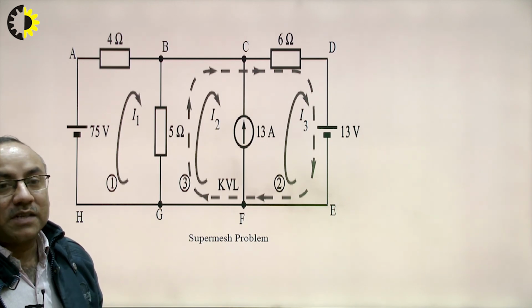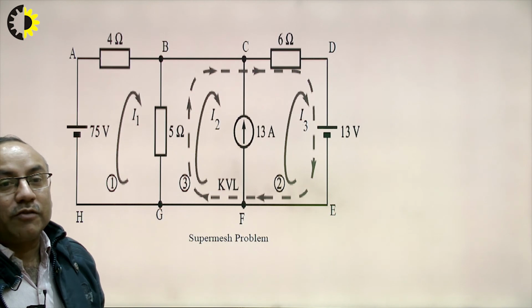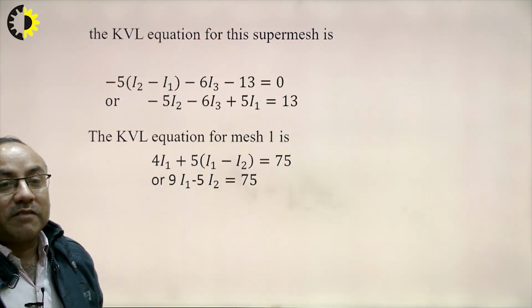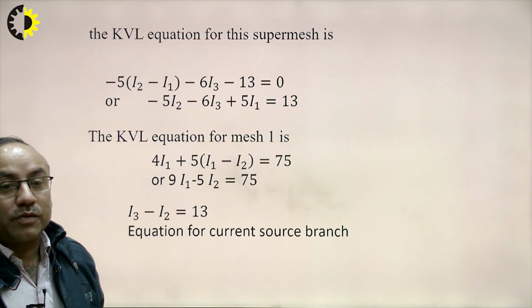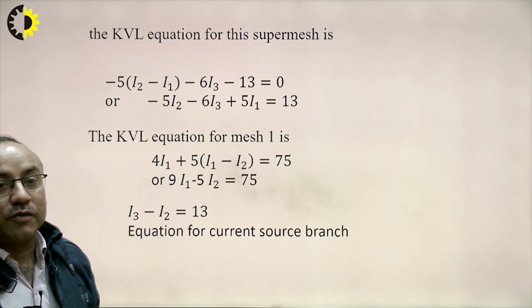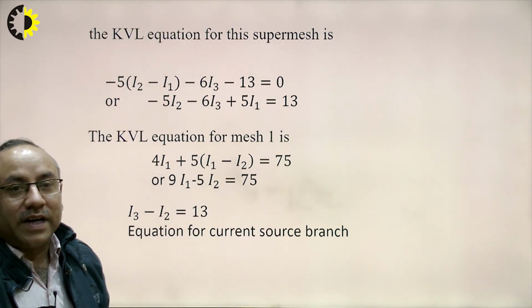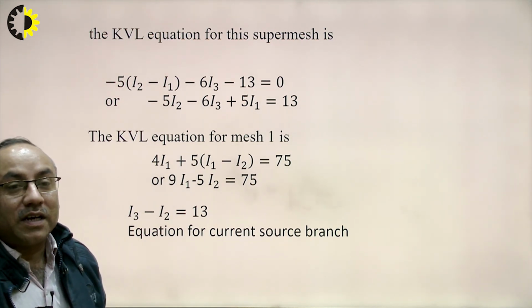On that basis we write I3 minus I2 equal to 13. That is equation number 3 for the current source branch.